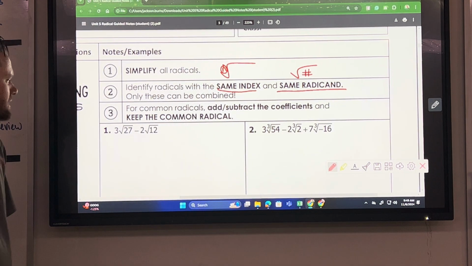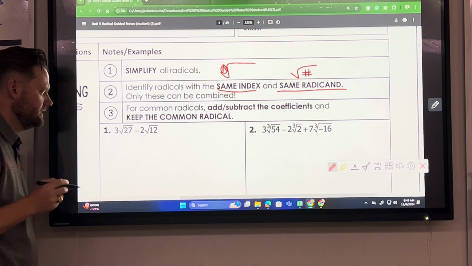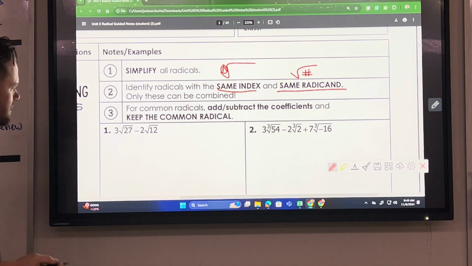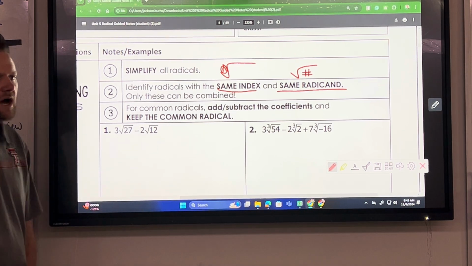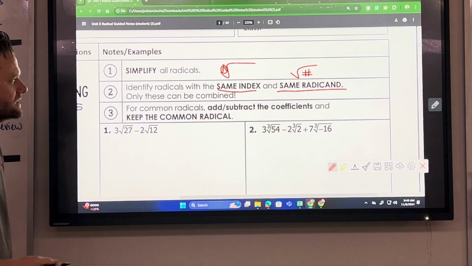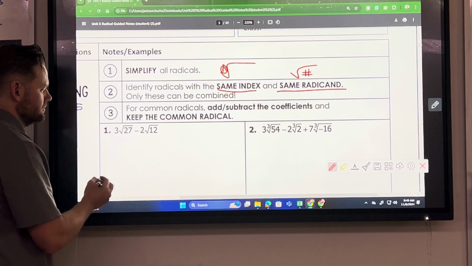That's the radicand. So number 1 over here, I have 3 square root of 27 minus 2 square root of 12. Well, I need to get these to common, I have the same indexes, but I need to get them to common radicands, right? The common under the radical number.